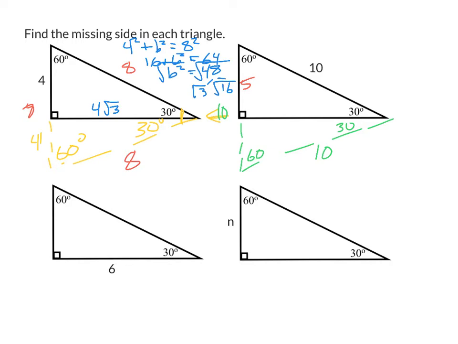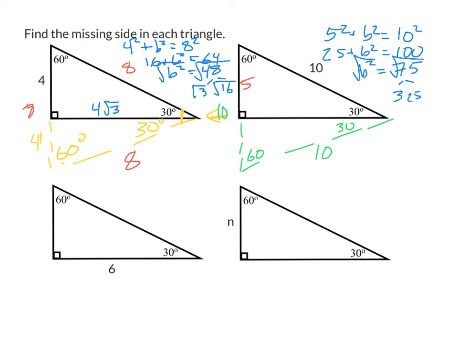And so once again, now we can use the Pythagorean theorem. 5 squared plus b squared equals 10 squared. 5 squared is 25, plus b squared equals 100. This means that b squared is 75, and when we square root both sides, 75 is going to break into 3 and 25.